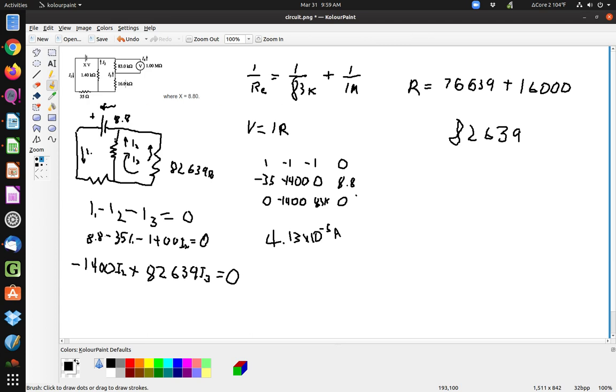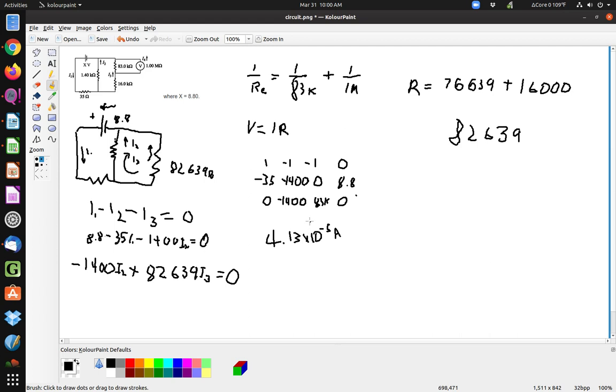So we should probably go ahead and calculate our voltage drop across the 16 kilo ohm. But I think we can do it with just these two as equivalent resistors. So let's approach it from that perspective and see how things come out.